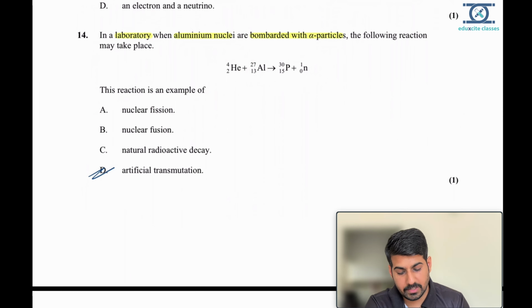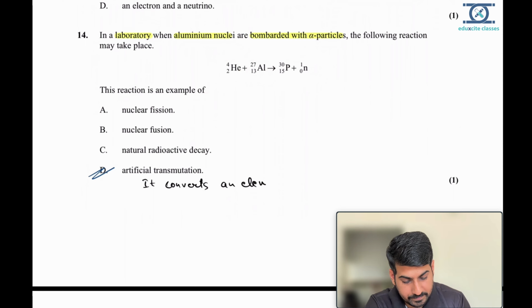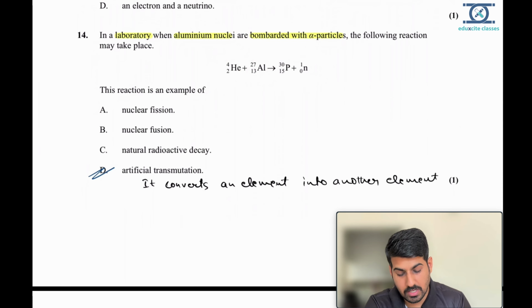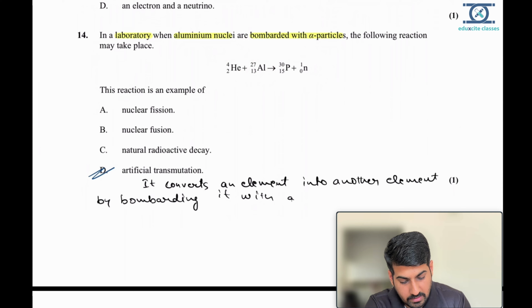Okay, so artificial transmutation, it is defined as, you can say, it converts an element into another element by bombarding it with a fundamental particle.